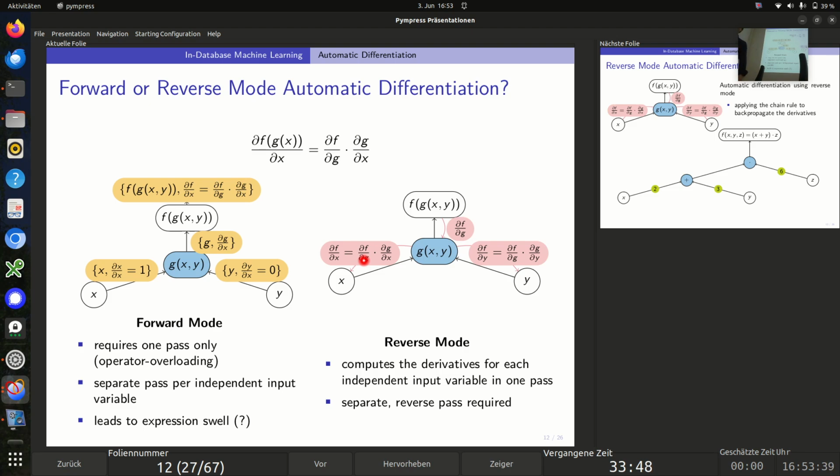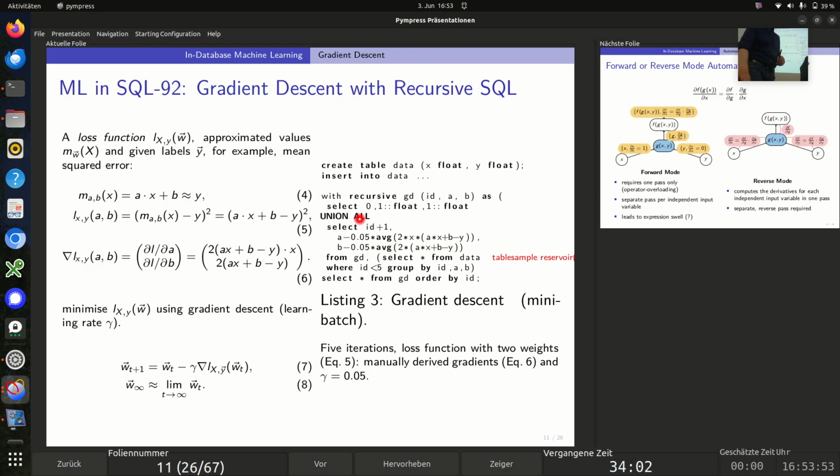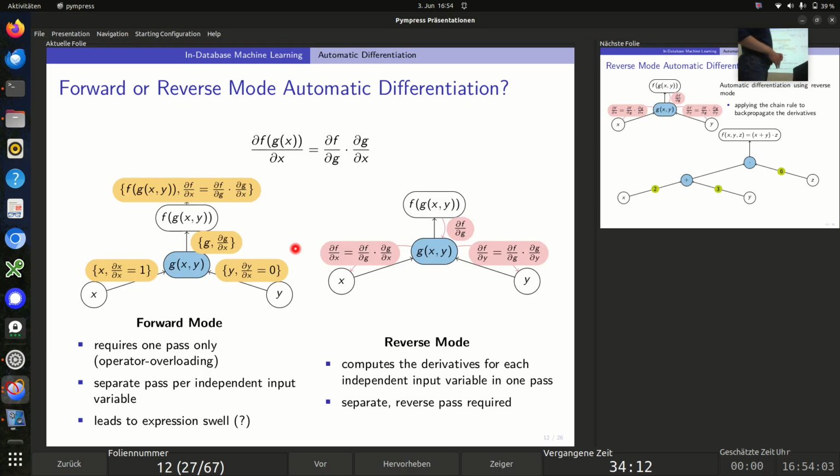Actually, all the people who are doing machine learning basically need the derivatives, and okay, most of the time it's just mean squared error, and deriving mean squared error always results in a function like this, taking the original one times the variable. But actually I also wanted to derive more complex functions.